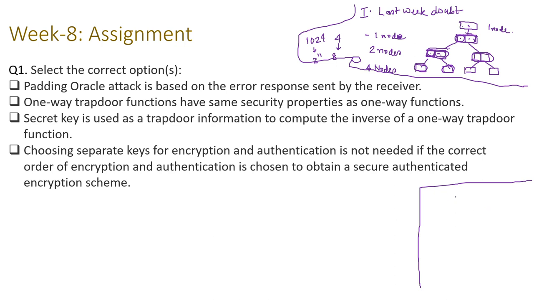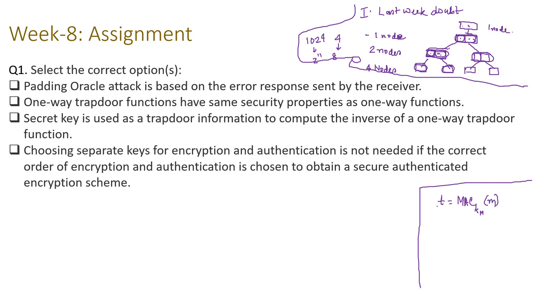In MAC then encrypt, what happens is that we first compute the tag of a given message. Let's say I am writing MAC for the tag generation algorithm with the key of the MAC scheme.